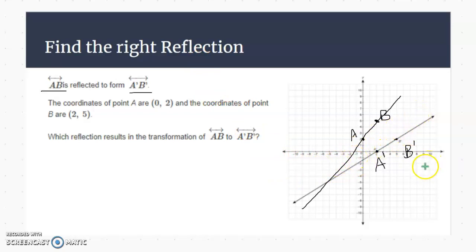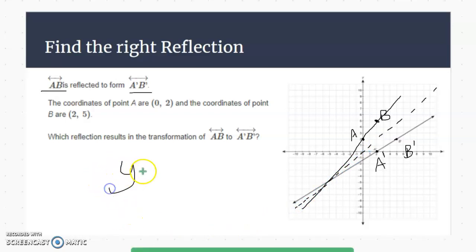It's not reflected over the y-axis. It's not reflected over the x-axis. However, there is this line right here that goes right through the origin. It's diagonal, and that line has the equation y equals x.